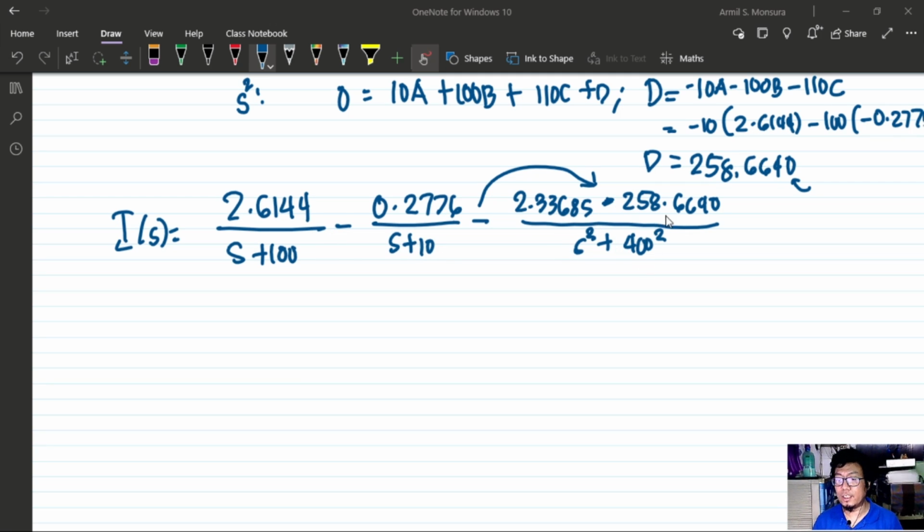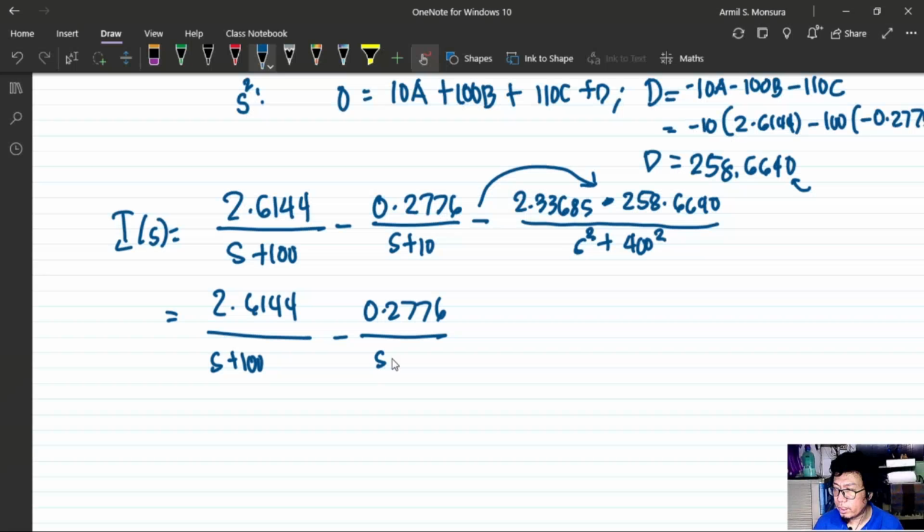These two can be separated into two terms, one leading to a cosine term, and the other one leading to a sine term. So let's do that. This one, we have 2.6144 over s plus 100. This one is 0.2776 over s plus 10.